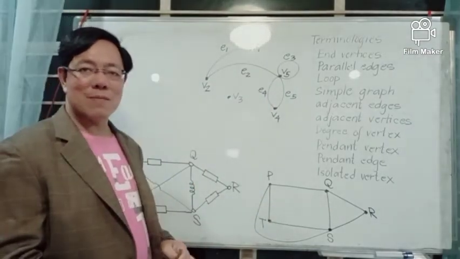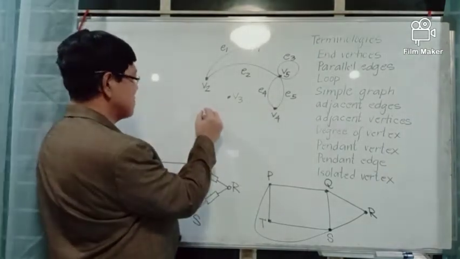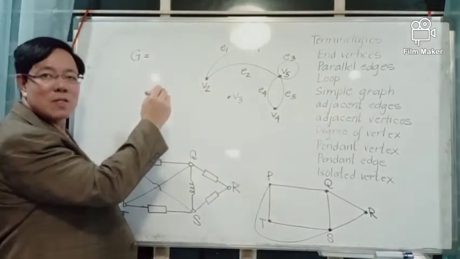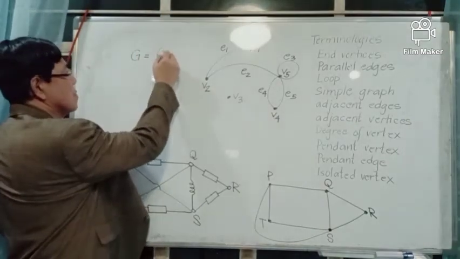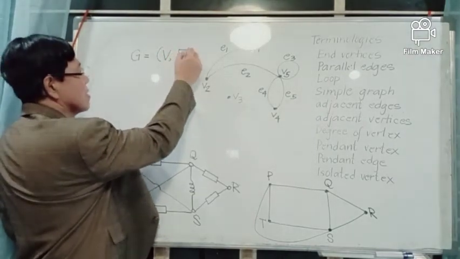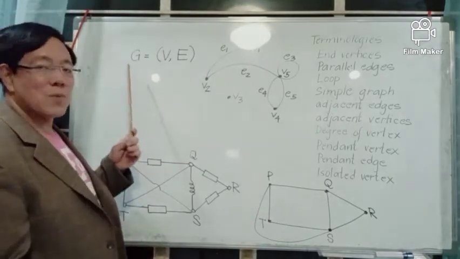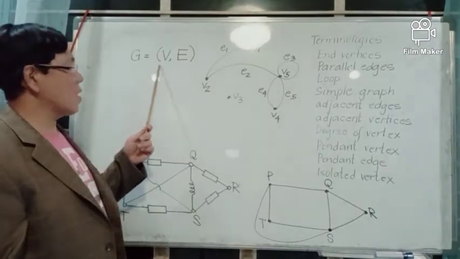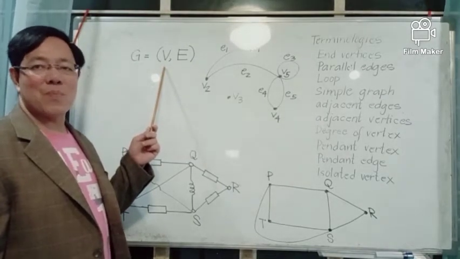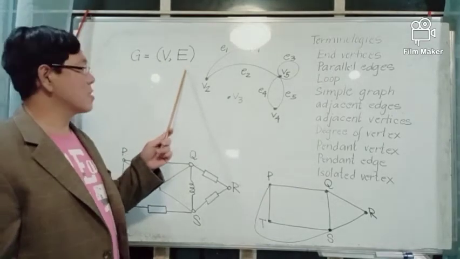In symbols, we say that this is the graph G that consists of the set of vertices V and the set of edges E. Or as we defined earlier, a graph is a pair of sets, set capital V of the set of vertices and set capital E for the set of edges.